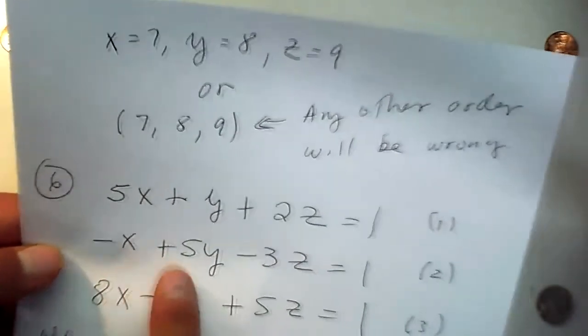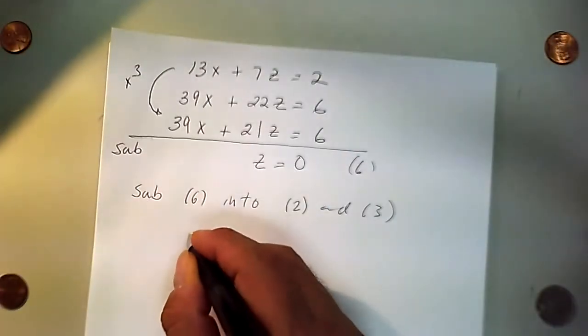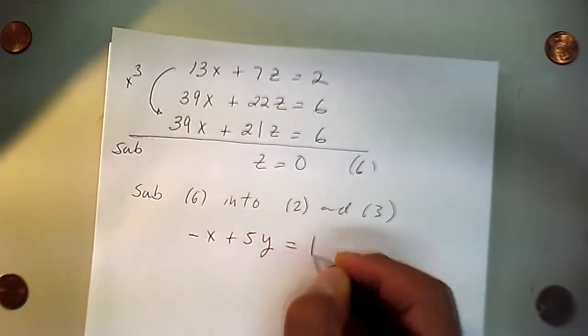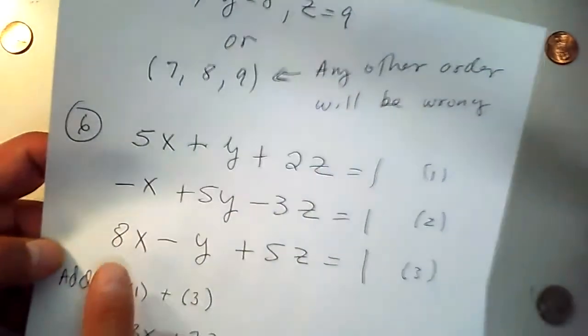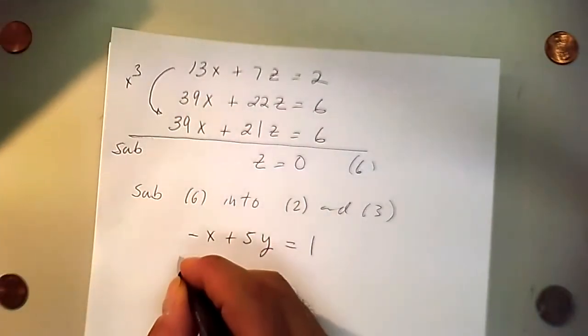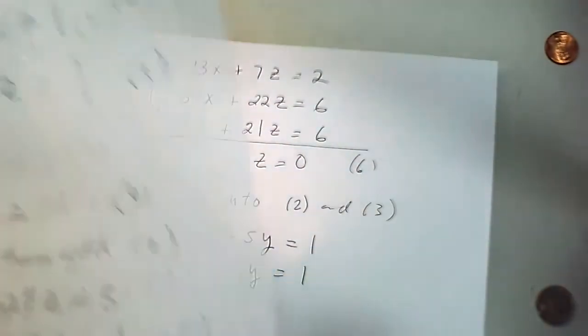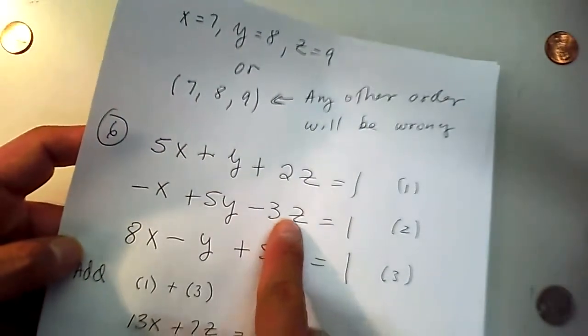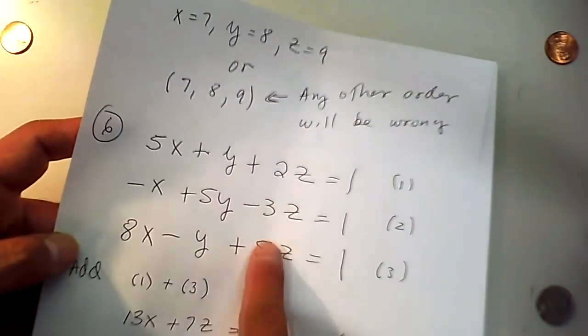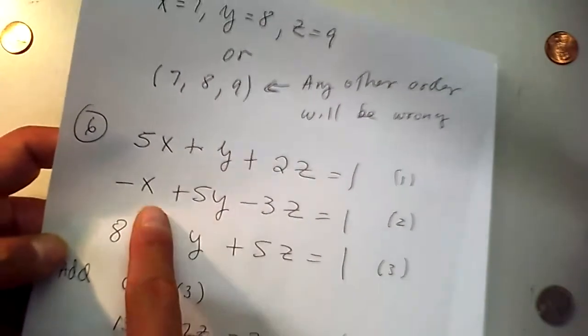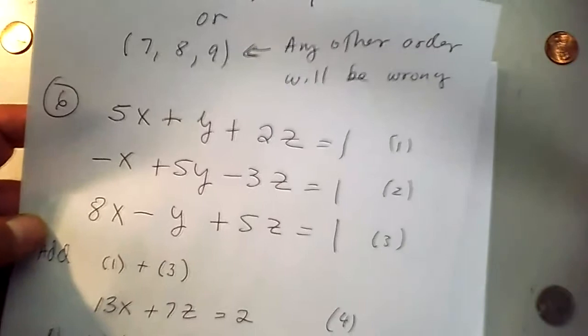We have negative x plus 5y equals 1. And then 8x minus y equals 1 also. Because if z is 0, that vanishes, and so does that. And adding or subtracting 0 does not change the rest of the equation.